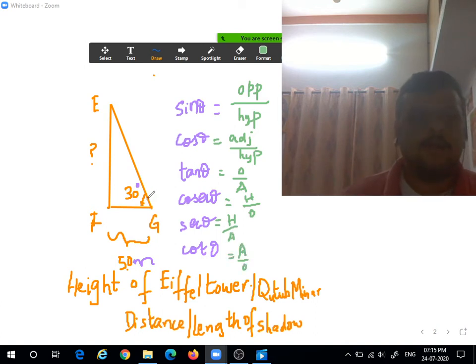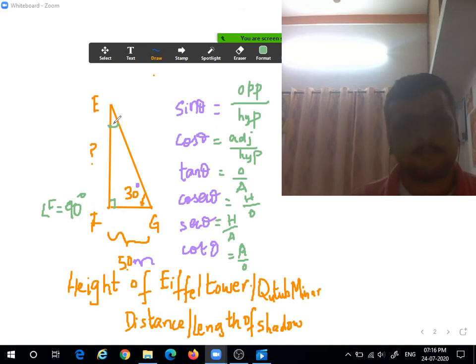Now, how to know which side is opposite, hypotenuse or adjacent? For that, I already told you, trigonometry holds good only when it is defined in a right angle triangle. So this angle, angle F, is always equal to 90 degrees. If this is 90, this is 30, then can you tell me the measure of angle E, students?